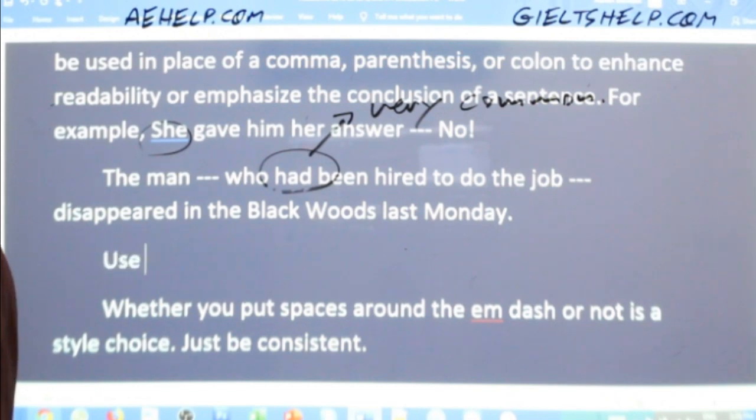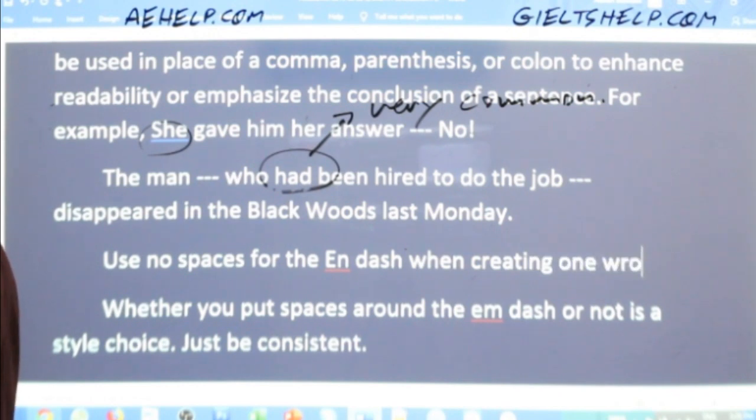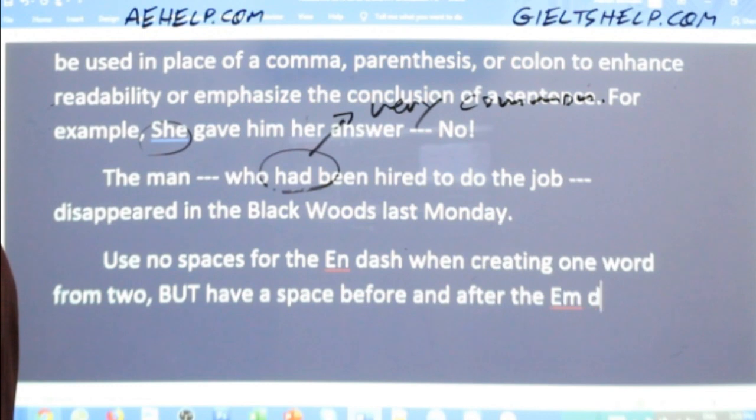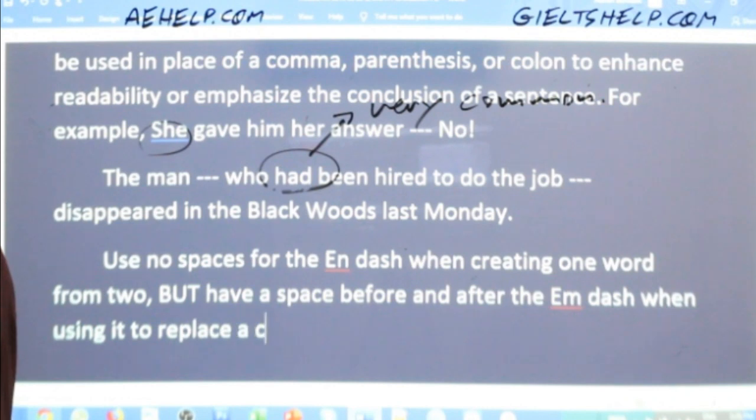Use no spaces for the en dash when creating one word from two, but have a space before and after the em dash when using it to replace a comma, colon, or parentheses. Parentheses are brackets like this.